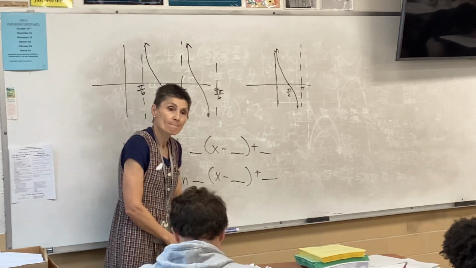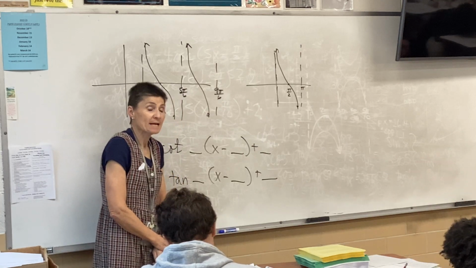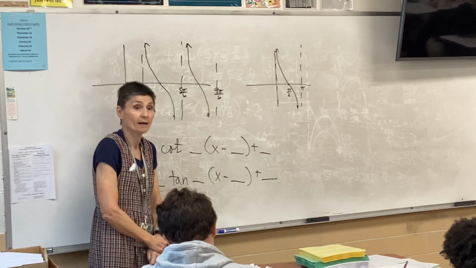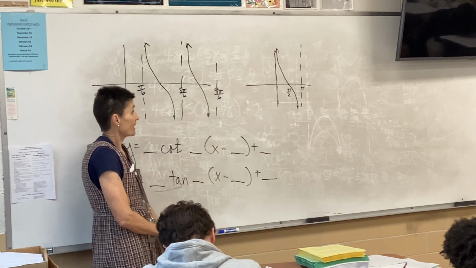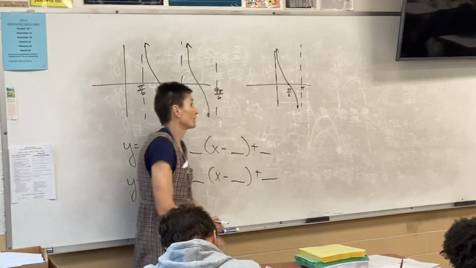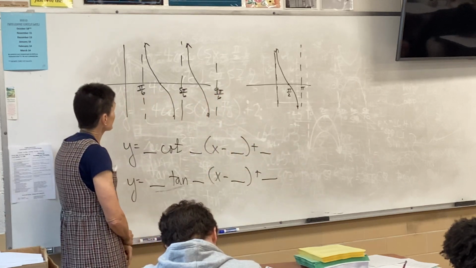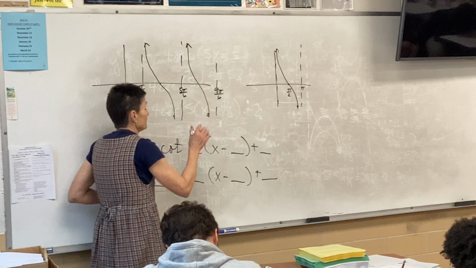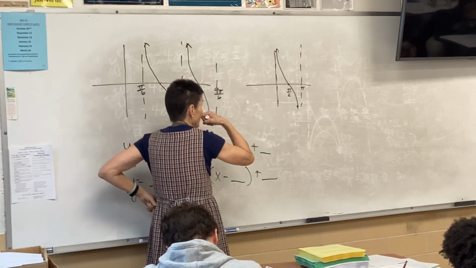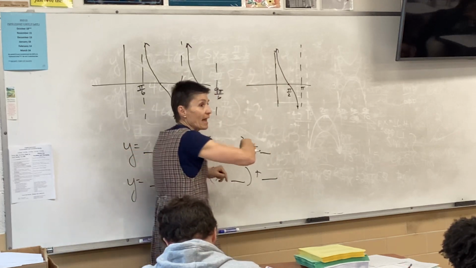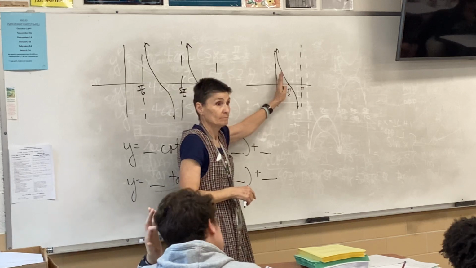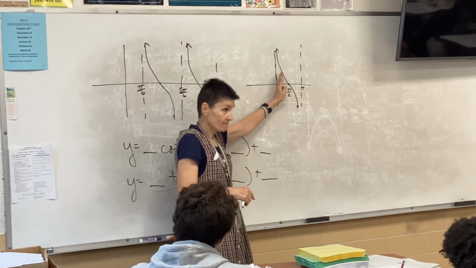And for tangent and cotangent, both, the period's only pi. Yep. That's a period right there. Now notice that in the original cotangent, there's supposed to be an asymptote at 0. Right?